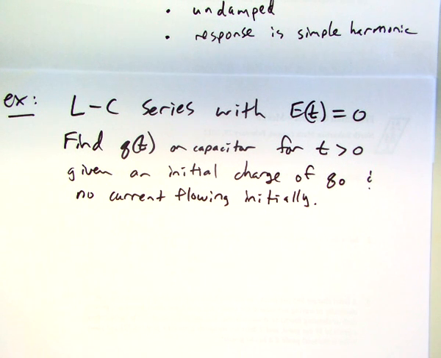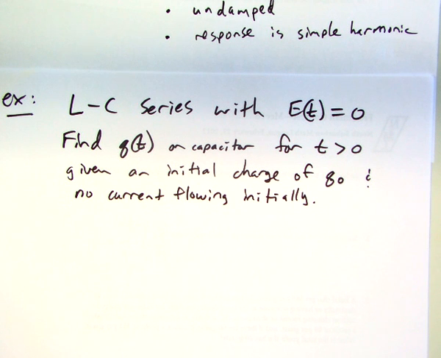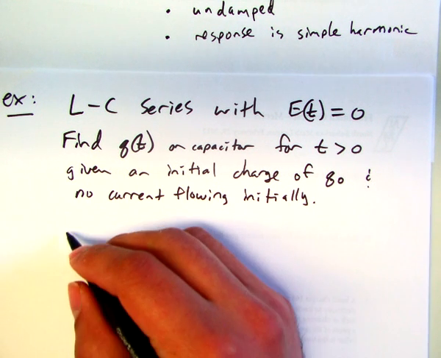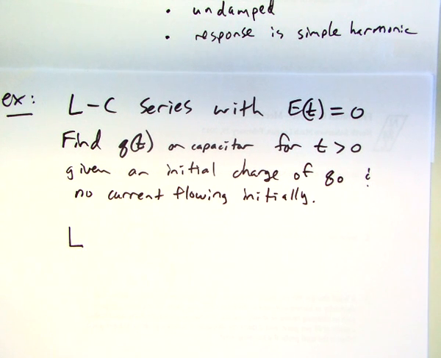Okay, so what is the model going to look like for this? There's only one equation that we've talked about so far. It starts with an L. What comes next?